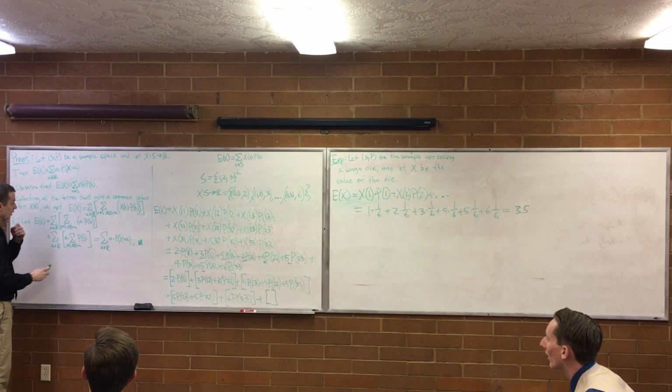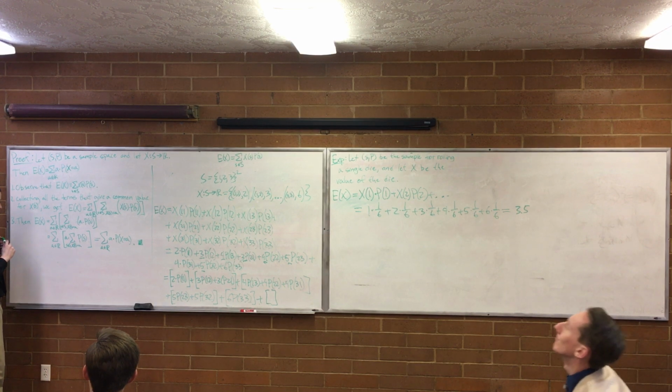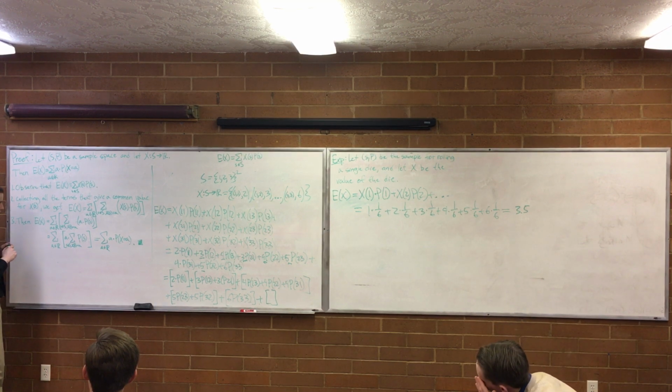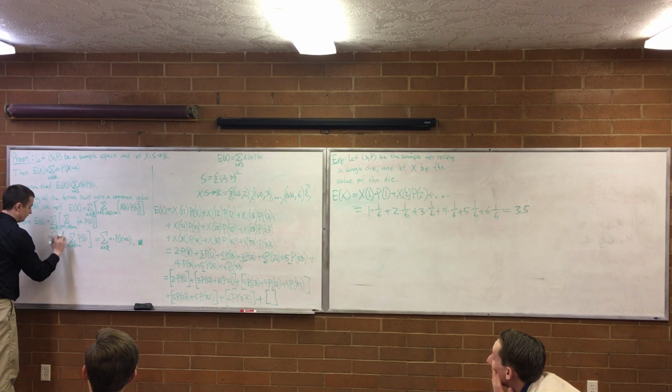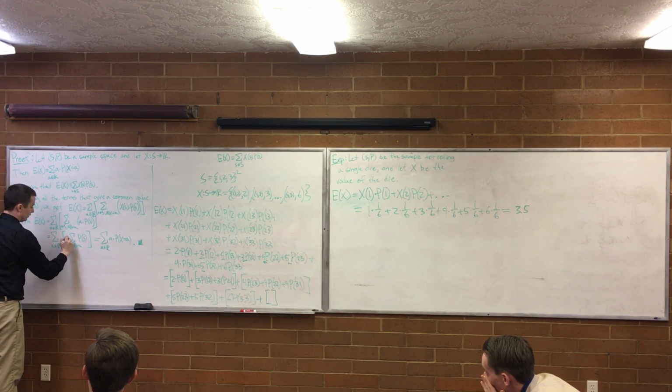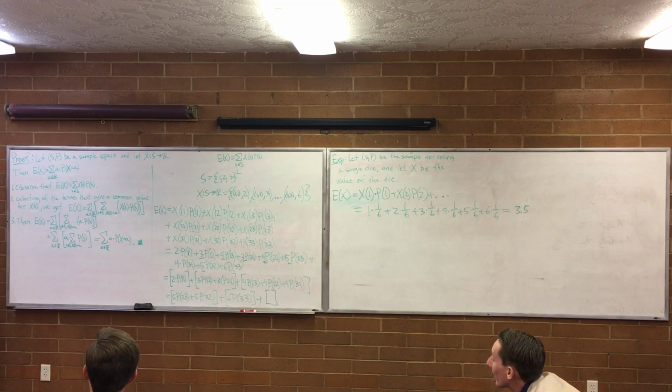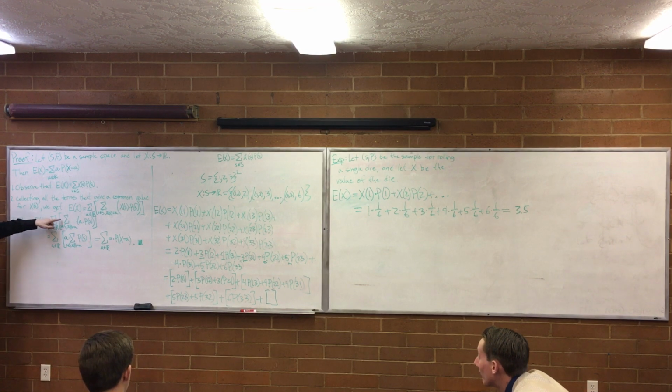I pulled it out of the inner sum. Oh, you're saying you want it like this? No, that works fine. Either way, I guess it's the same thing. Okay. So you're good from here to here.